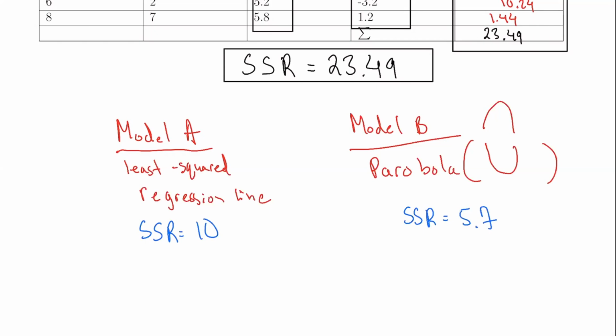All right, so we got 1 for model B, 2 for model B, any more for model B? Yeah, if you look at this one, since model B has a smaller sum of square residual, model B will be the best model for this data set.